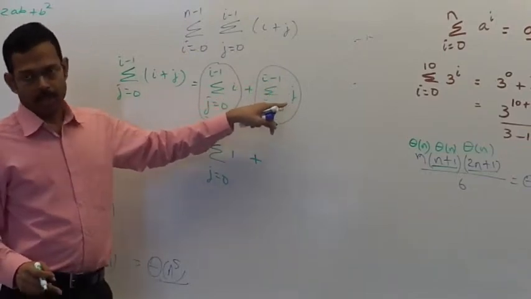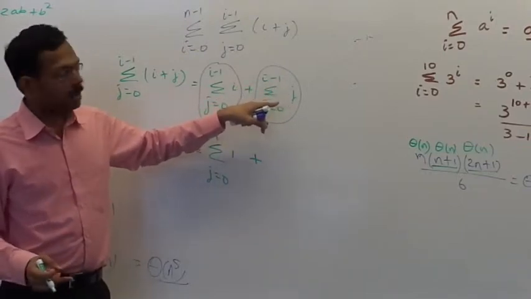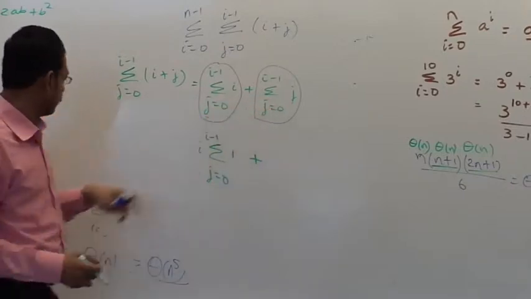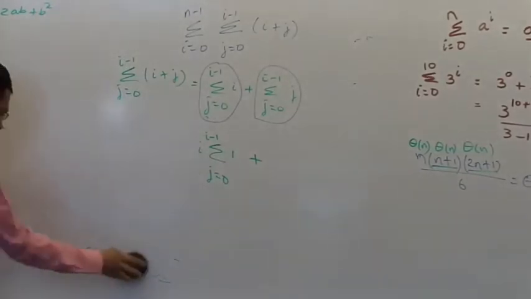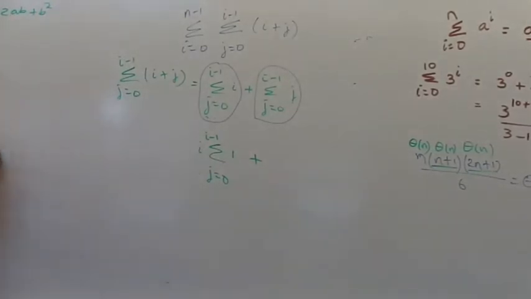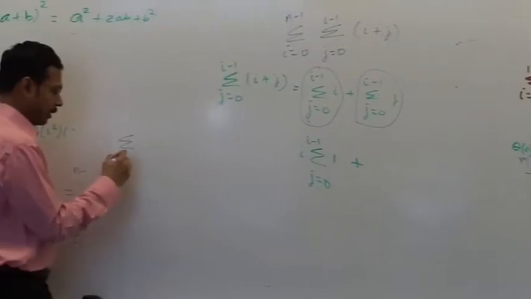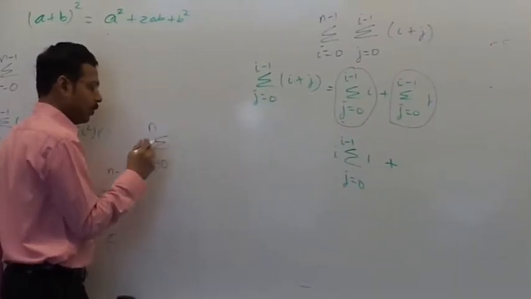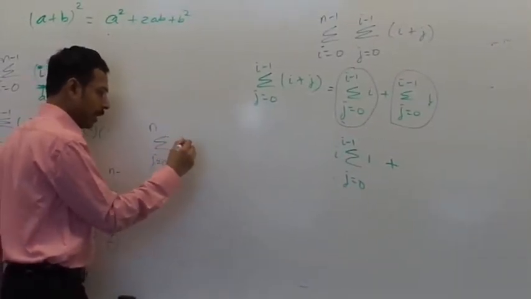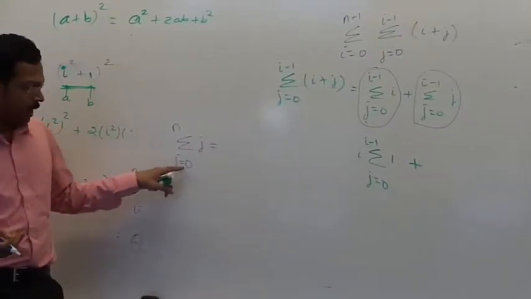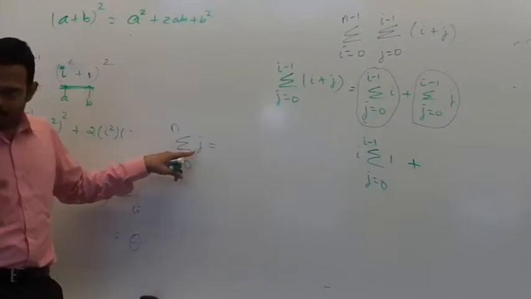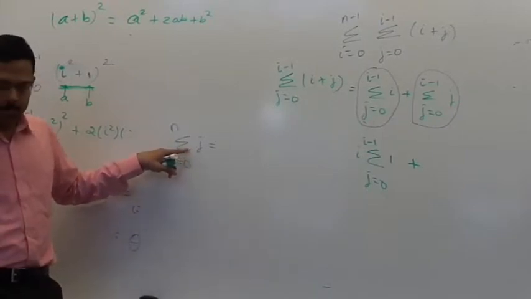So let's apply the formula. You can write your familiar form on the side, just to avoid making mistakes. What was the formula that we know? Let's apply j itself so that we don't make mistakes. j equals 0 to n of j means 1 plus 2 plus up to n.